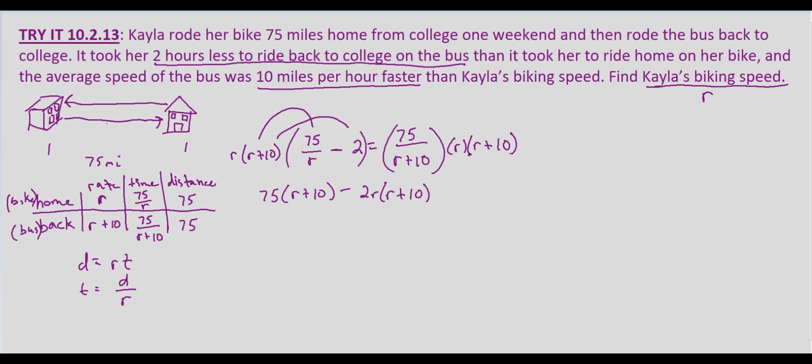On the right-hand side, we only have one term. The R plus 10 cancels, and we're left with 75R. Now we distribute on the left and then combine like terms, so 75R plus 750 minus 2R squared minus, don't forget to distribute that negative both times, minus 20R equals 75R.